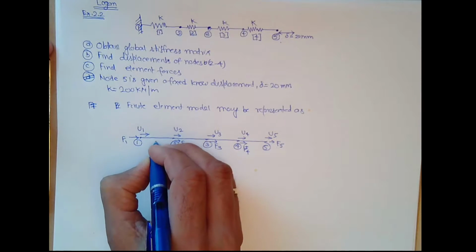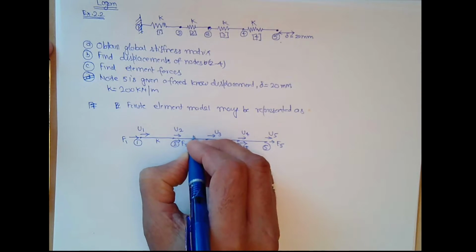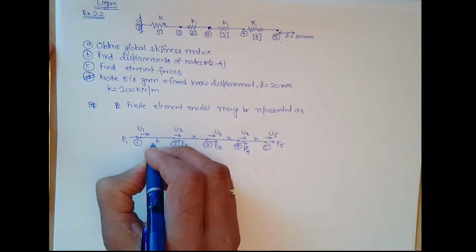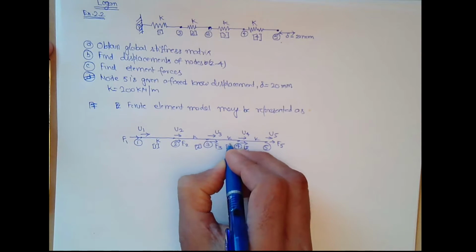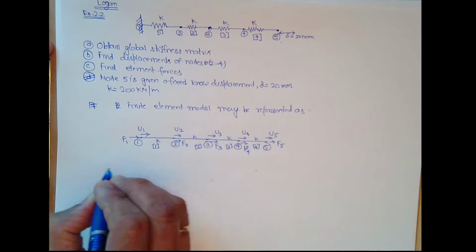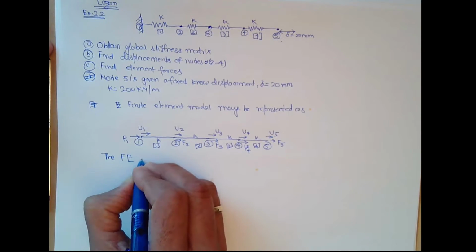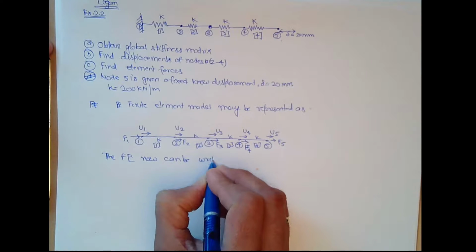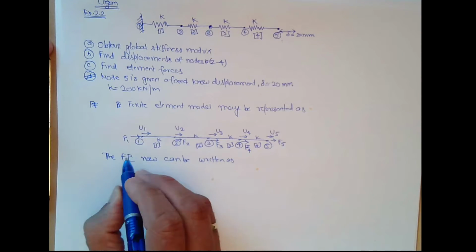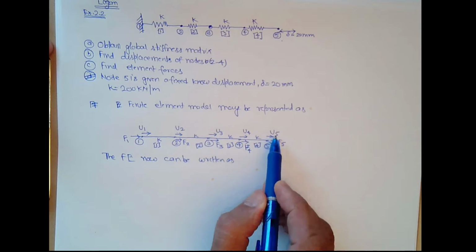This is a stiffness matrix. The stiffness of each spring is K. Element one, element two, element three, element four. So the finite element equation now can be written as, total degree of freedom is u1, u2, u3, u4, u5, 5.